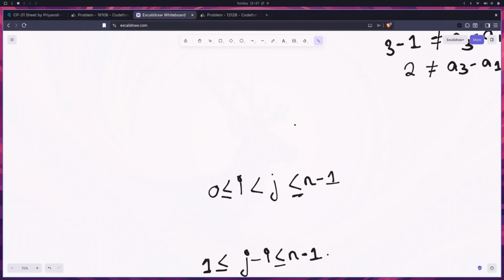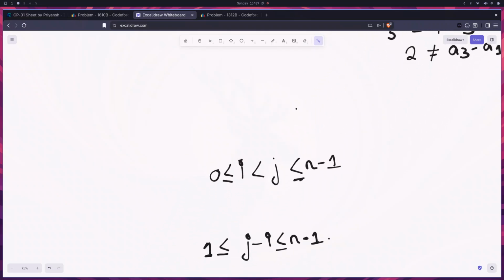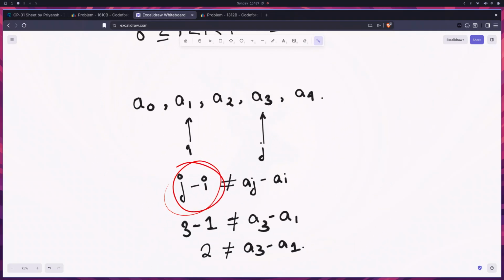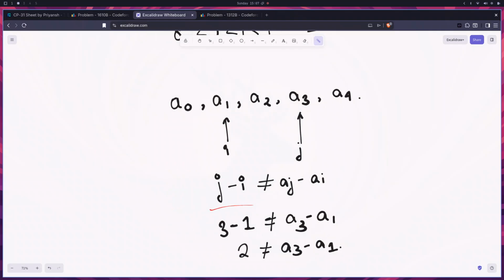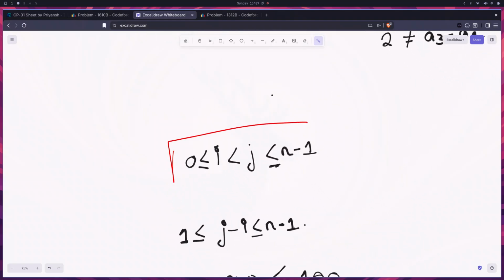So what can we make a comment on? We can make a comment on j minus i, which is the left hand side of our inequality, the difference of two positions. The difference of positions will range from 1 till n minus 1, because positions lie from 0 to n minus 1 and they are not equal.